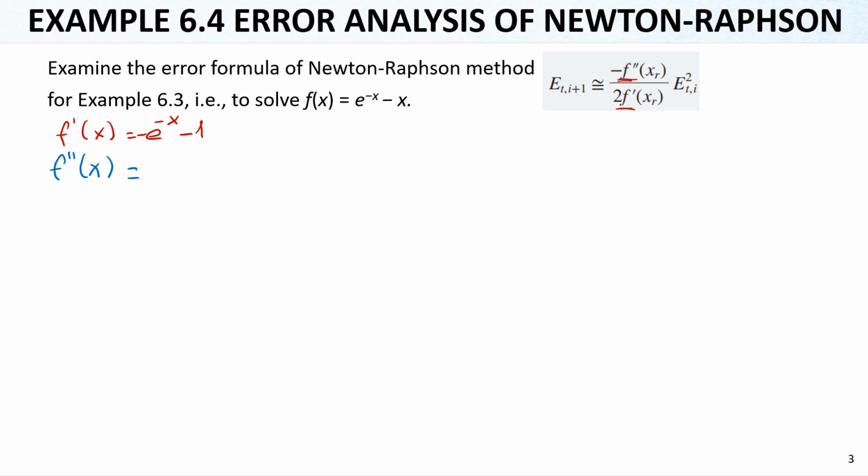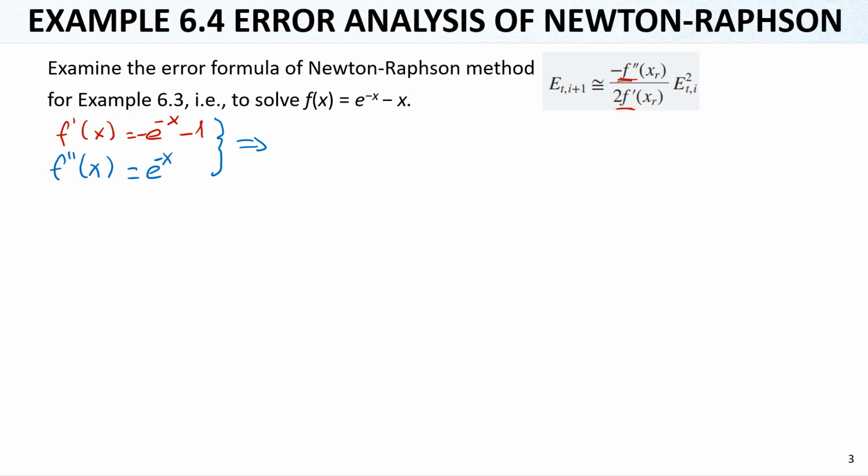Now from here we can have the second derivative. It is actually positive e to the minus x. It becomes positive with minus and minus multiplication, and minus x and minus 1 become 0 in the second derivative. And this is just the second derivative. And by using these, we can simply calculate our error. The error is, let's start with maybe i equals 0.